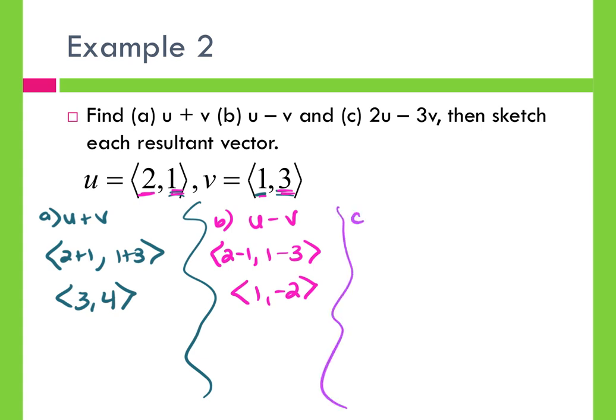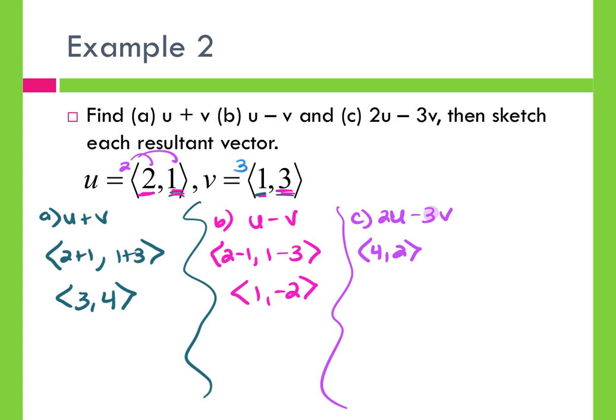And C is 2u minus 3v. So I'm going to take 2 and multiply it in on u, and that is 4, 2. And then I'm going to take 3 and I'm going to multiply it in on v.